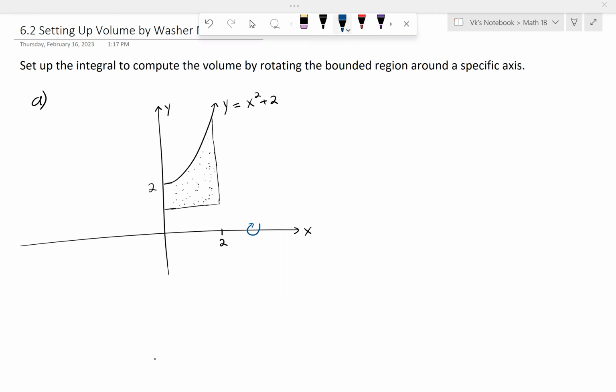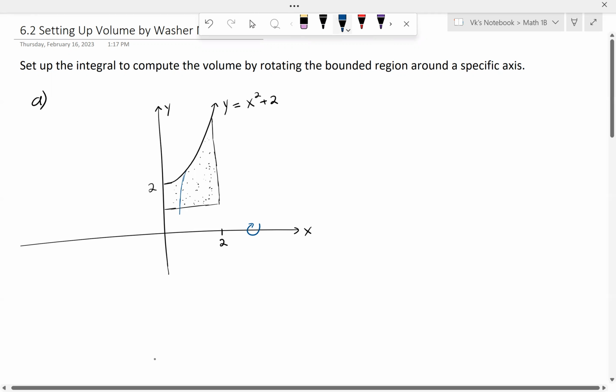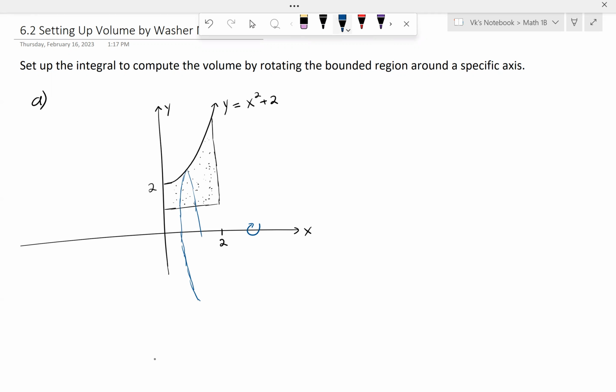So we can sketch out a sample washer that looks somewhat like this. This is the outer, and this one is the inner.